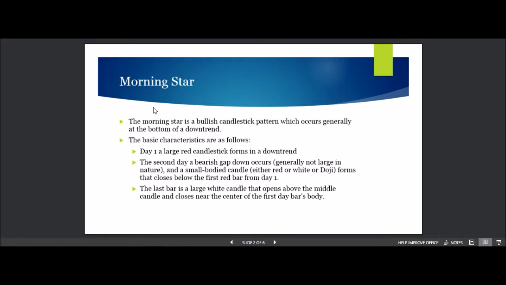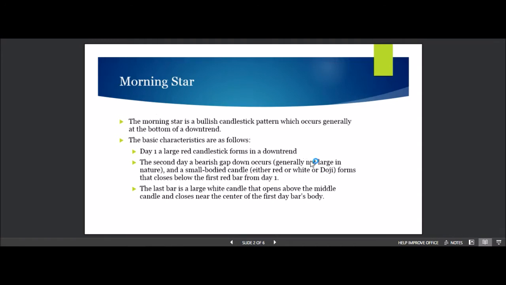The next day you have a small gap down, and the price closes below the first day, and usually you have a doji in many cases. And then the key bar is the last bar. The third day is a large white candle that opens above the middle candle, so it opens above the second day, and closes near the center of the first day's body.